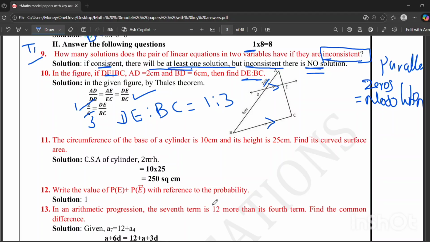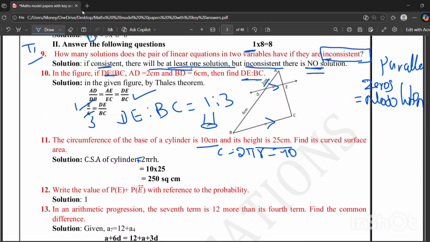So next, 11th question. The circumference of the base of the cylinder is 10 centimeter and height is 25 centimeter. Find its curved surface area. Curved surface area of cylinder equals 2 pi r h. The base of the cylinder is a circle, so what is the circumference of a circle?